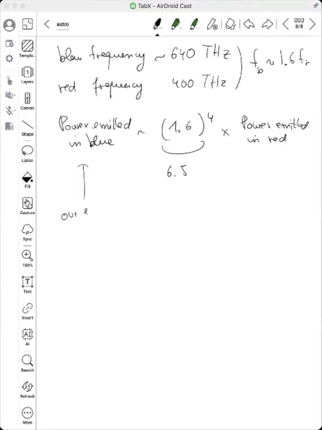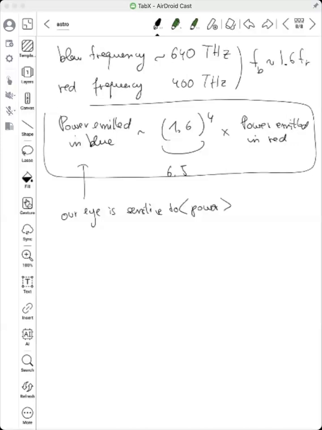And our eye is sensitive to the power, to the mean power. So this is the explanation why we see a blue sky: when these molecules vibrate, they emit 1.6 to the 4 times more power, more energy, which is what our eye is able to detect, in blue frequencies than in red frequencies.